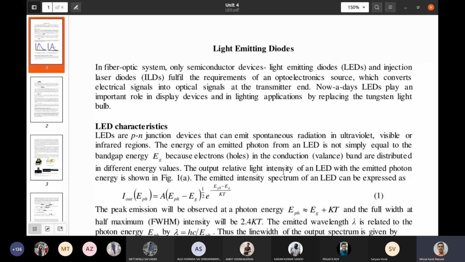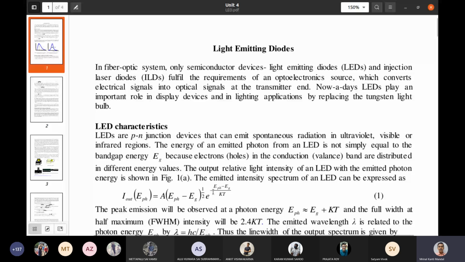Now the output intensity can be expressed mathematically by the equation: I of E_ph equals A, some constant, multiplied by the square root of (E_ph minus E_g), that is to the power half, times e to the power minus (E_ph minus E_g) divided by kT.